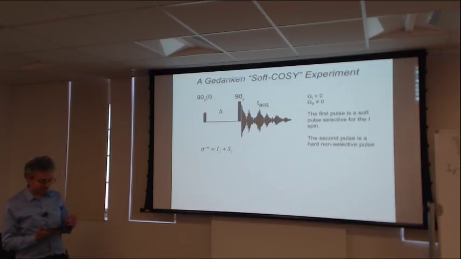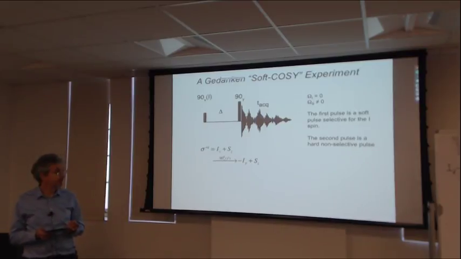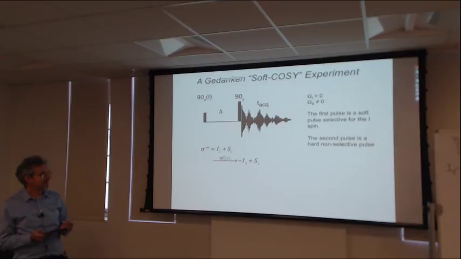So our equilibrium density operator starts proportional to IZ plus SZ. And the first thing we do is apply a 90-degree pulse selectively to the I spin. Now we know if we apply a 90-degree X pulse, we end up with minus IY magnetization.